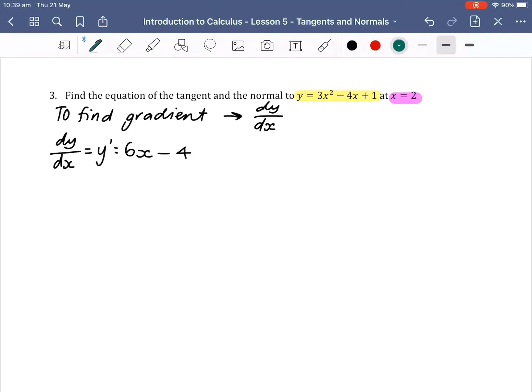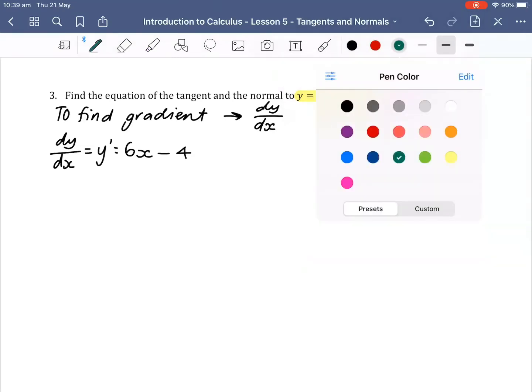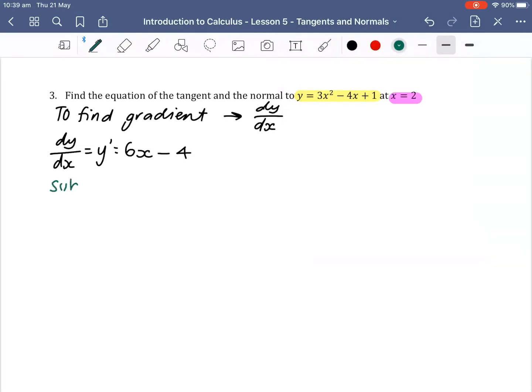Because it's at the point x equals 2, we can sub in x equals 2. So we'll get y dash 2 equals 6 times 2 minus 4. So that is 12 minus 4, which equals 8.